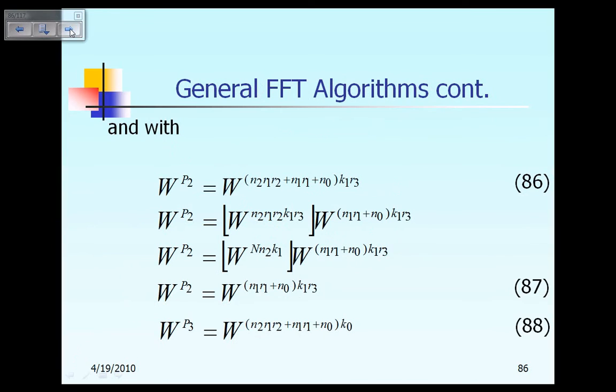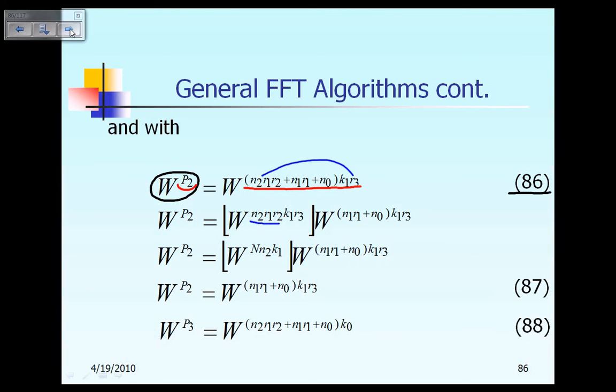Similarly, equation 86 that you see on the screen basically computes W raised to the power P2. Well, in this case, P2 is the power that you see on the red color in equation 86. And again, using the same technique, you can take the first term of the first parenthesis and then you multiply with K1R3.